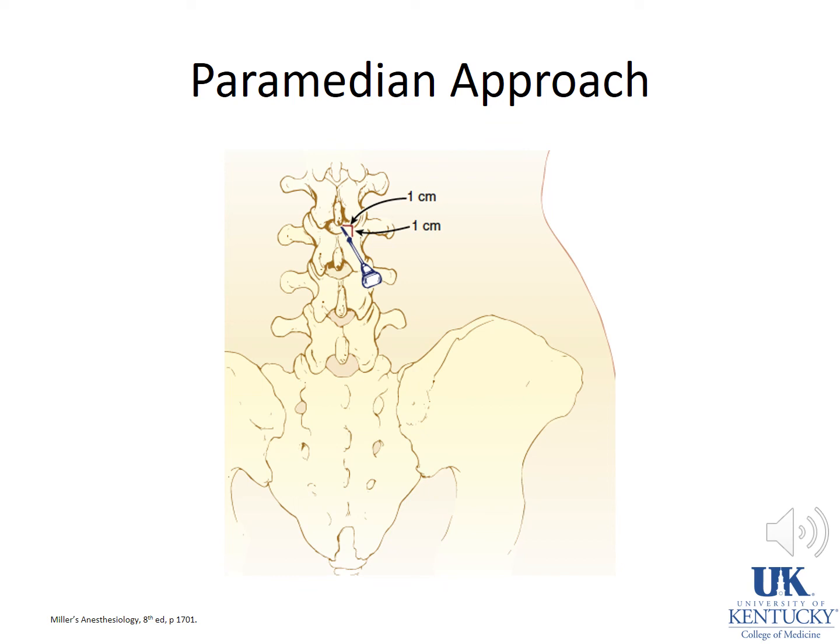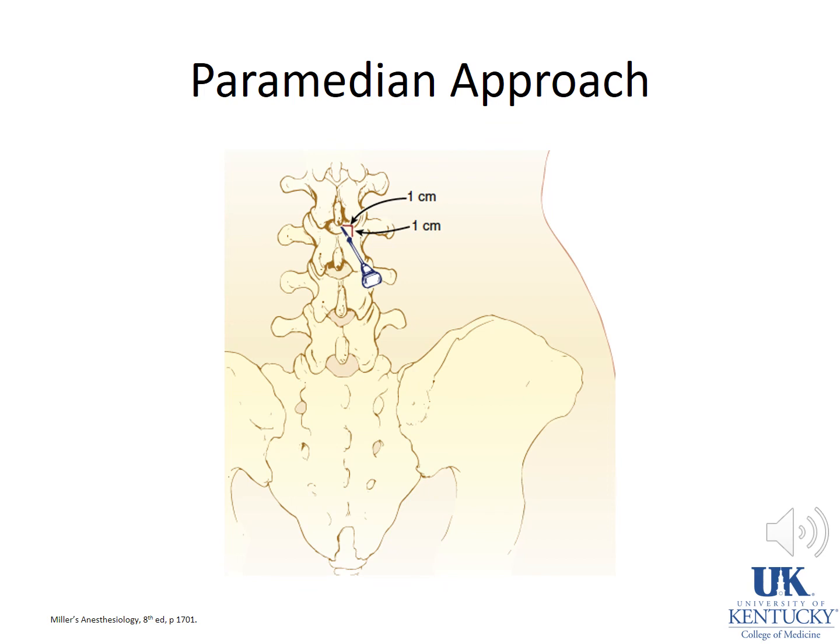With this approach, the needle is positioned about 1 centimeter caudad and 1 centimeter lateral to the inferior border of the spinous process of the vertebral body above the interspace. The paramedian needle is inserted approximately 15 degrees off the sagittal plane. The paramedian approach has the advantage that the patient does not need to be flexed, potentially making it easier to perform in elderly patients.